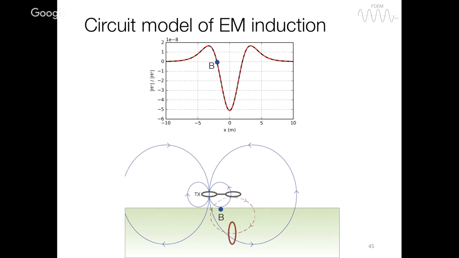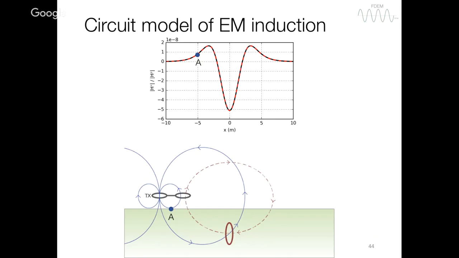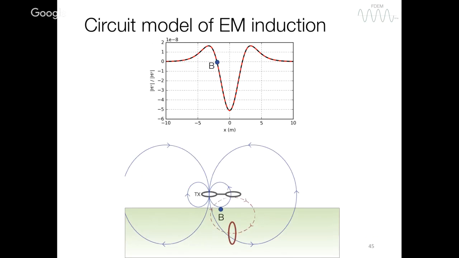Look what happens as I start to move this. As I'm moving, as I get closer and closer and bring this thing closer, eventually I'm going to get to the following point here, where my transmitter is on the left, and my receiver coil is on the right.